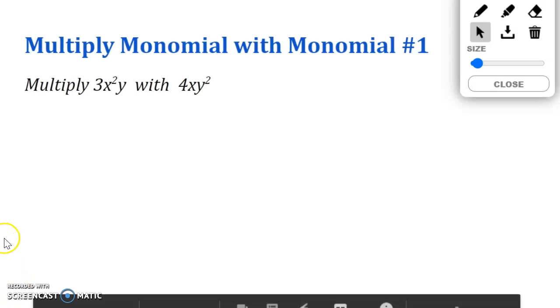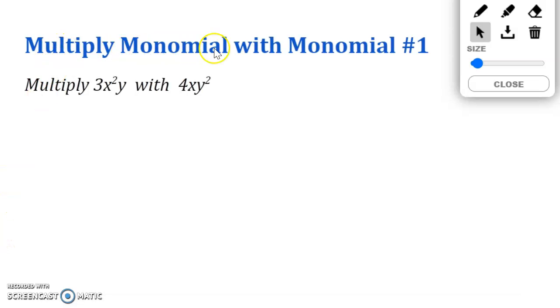So let's go on to the last operations. Multiplying monomials with monomial, number 1. If I am multiplying 3x squared y with 4xy squared, what does that mean? We are multiplying 3x squared y by 4xy squared.